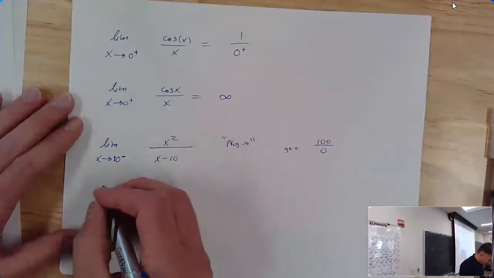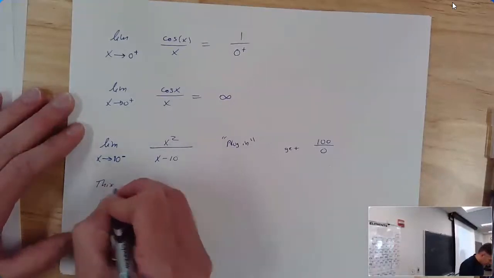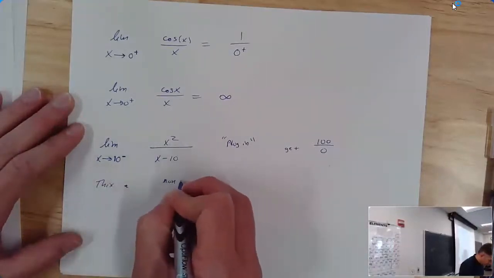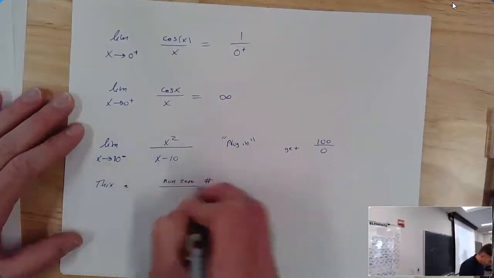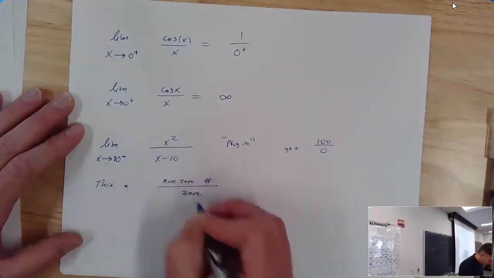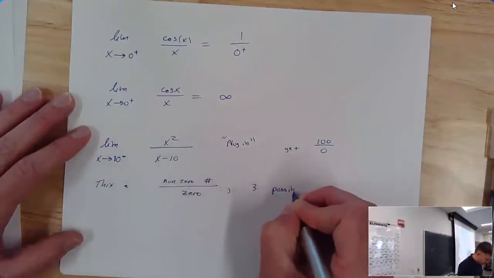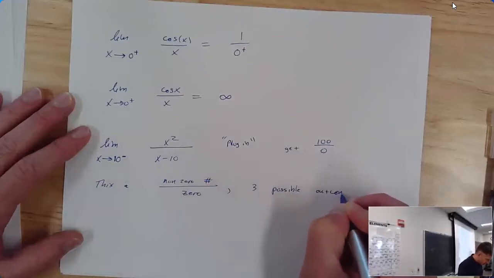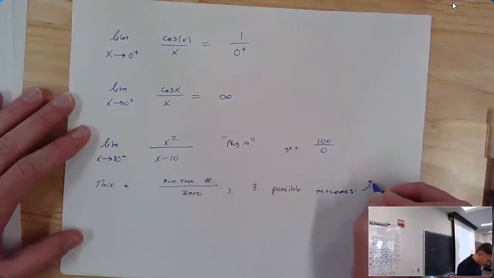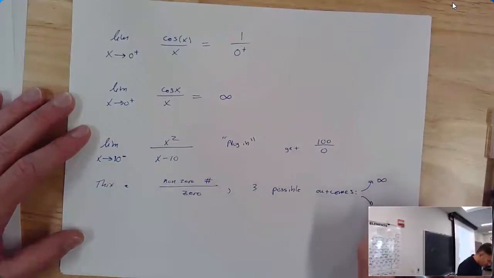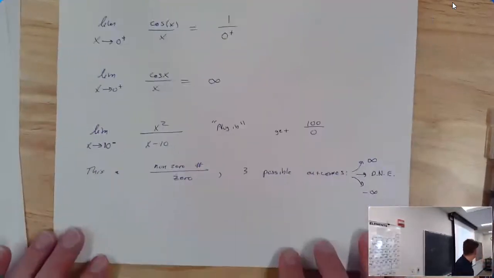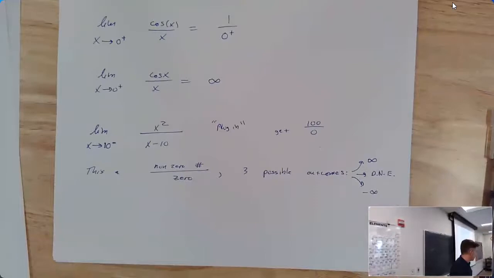This is a non-zero number over 0, and when that happens, there's only three possibilities. We either get infinity, negative infinity, or does not exist.